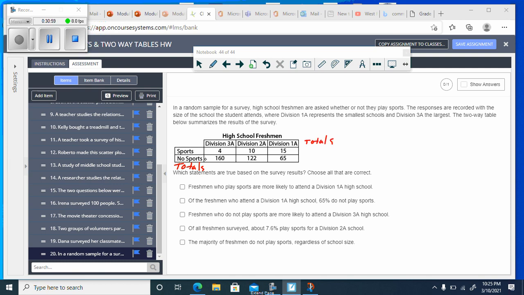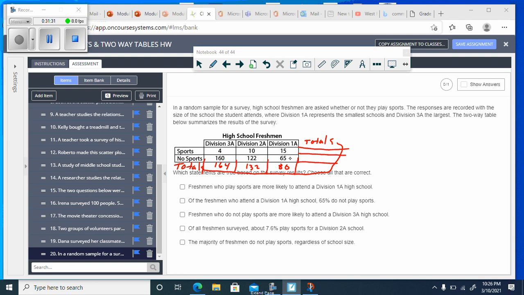See how we're having to add our columns and rows here? Let's see. Division 3A, we've got 164 people. Here we had 132. Here we had 80 people we're talking about, right?